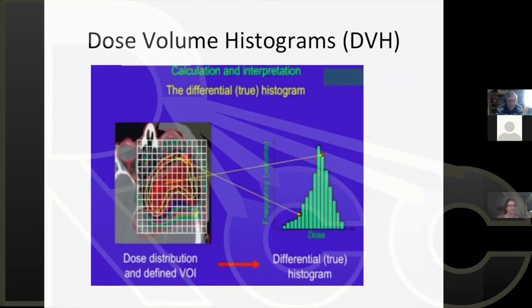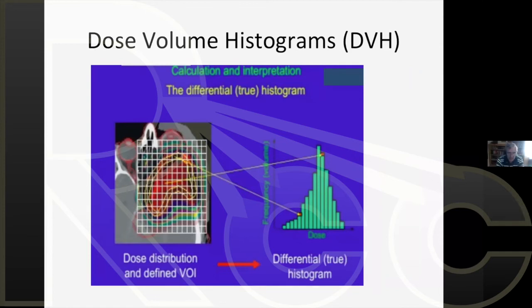Thank you. So the computer creates a three-dimensional grid for the whole area being contoured. That's the calculation grid, and those grid spacings could be anywhere from 1 millimeter by 1 millimeter to 3 millimeters by 3 millimeters. It all depends on how you break it up. But what the differential DVH does is it just starts adding how many of those squares have the same dose.